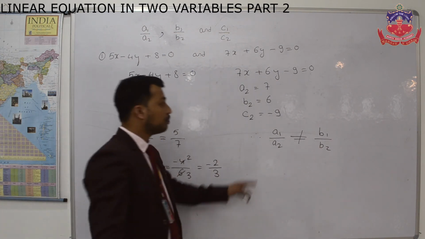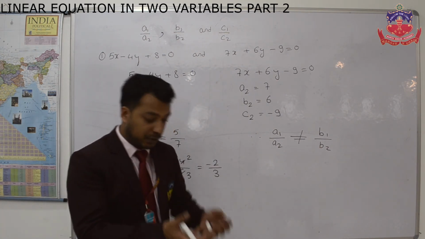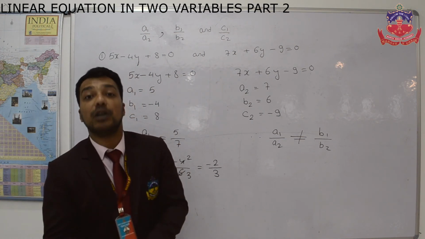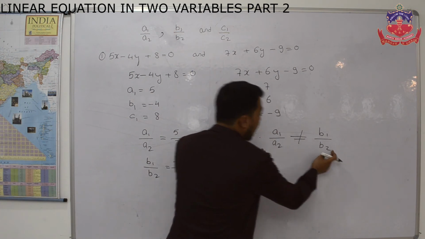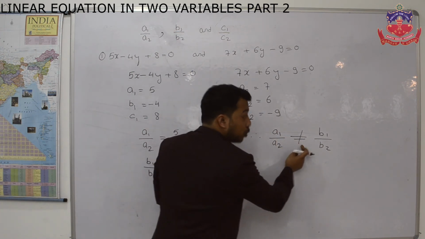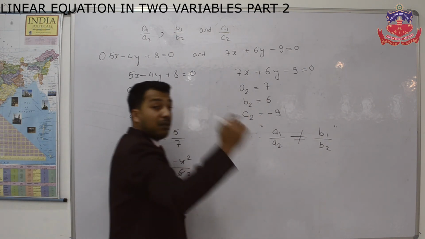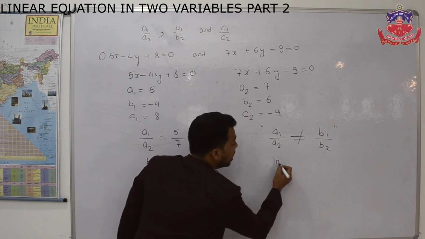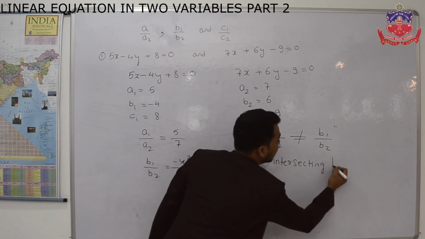Now you tell us, this formula is for which type of line? Is it for intersecting, parallel, or coincident? We know that the formula A1 by A2 not equal to B1 by B2 comes from the first one, which is intersecting. So we call this intersecting lines.